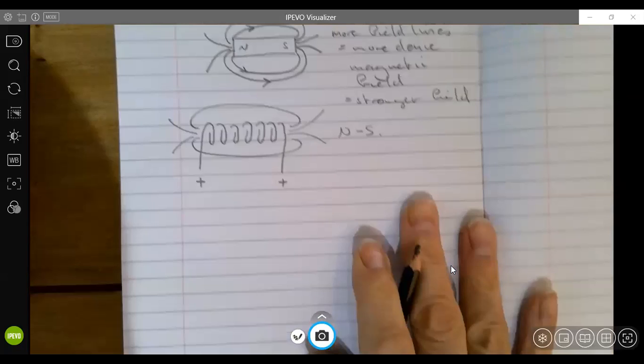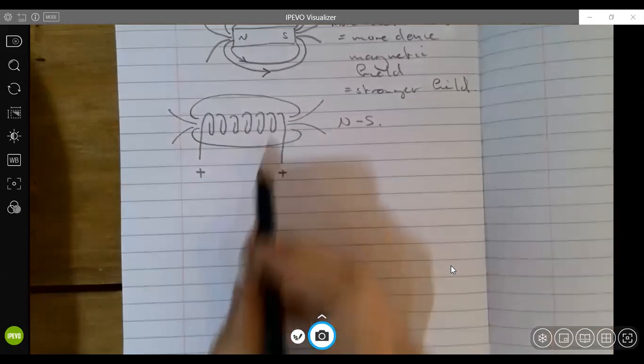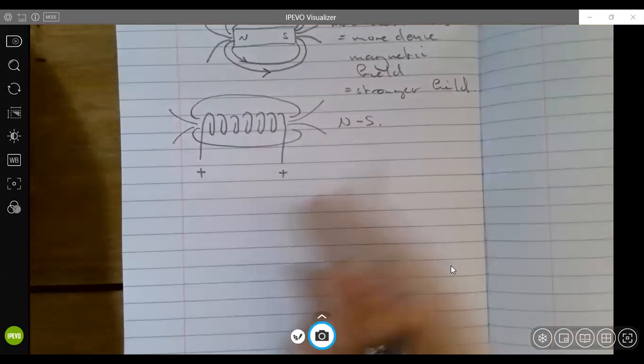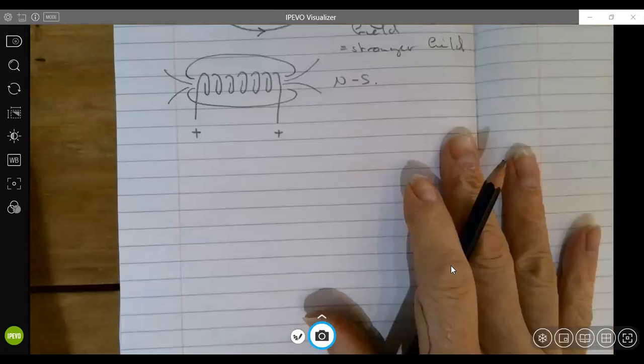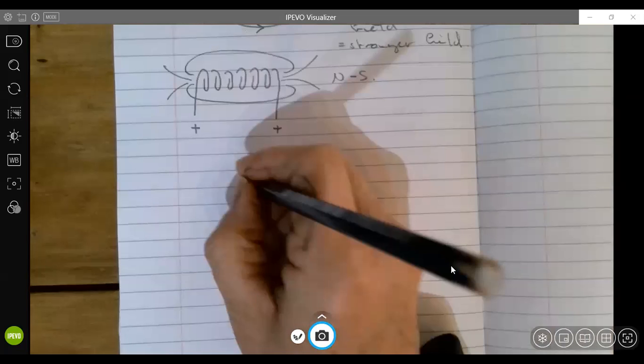Now, we'll talk a little bit more about these later. These are solenoids, okay?